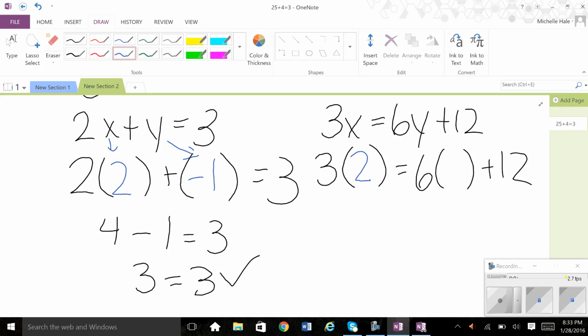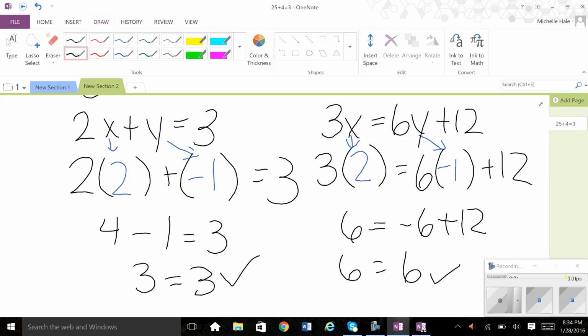Plug in 2 for x, negative 1 for y. Okay, so now I'm left with 6 equals negative 6 plus 12. Negative 6 plus 12 is in fact equal to 6, so you know your solution works.